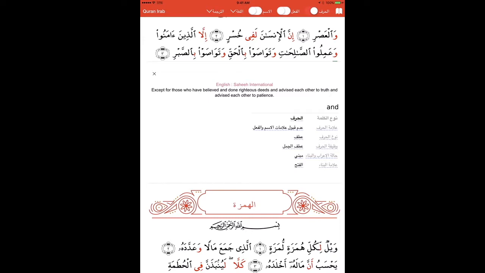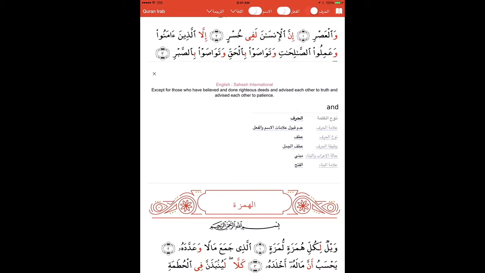Because إِلَّا الَّذِينَ آمَنُوا can be one statement there, and then وَعَمِلُوا الصَّالِحَاتِ, you not only have to believe, but you also have to do good deeds. And not only good deeds, you have to advise each other to the truth and advise each other to patience. So you have وَعَمِلُوا الصَّالِحَاتِ وَتَوَاصَوْا بِالْحَقِّ وَتَوَاصَوْا بِالصَّبْرِ.